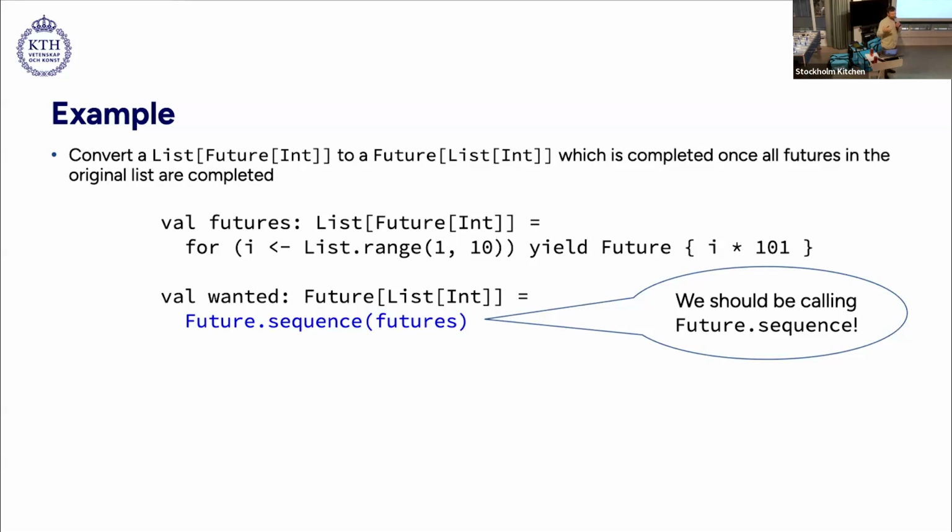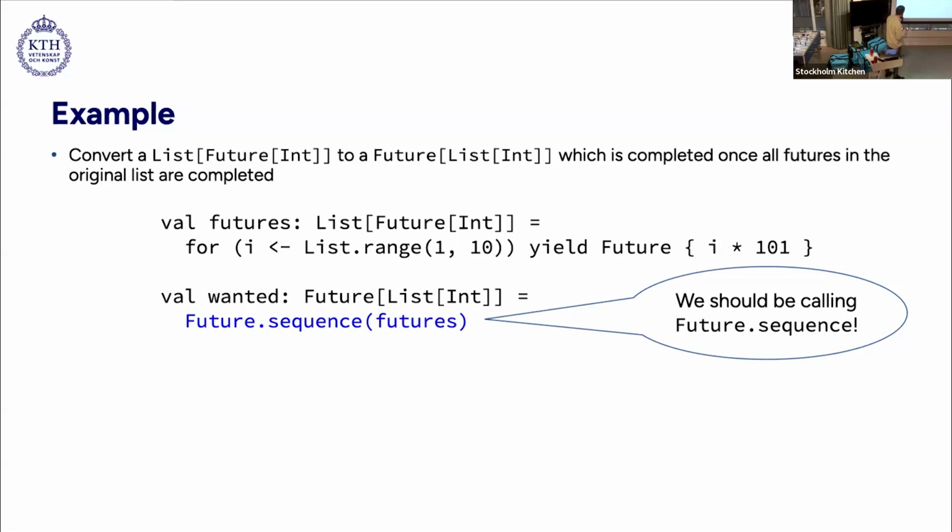So this is exactly what we want to do. Once all of these futures have a result, this resulting future should be completed with a collection of their results. So this method is exactly what we need for our use case.